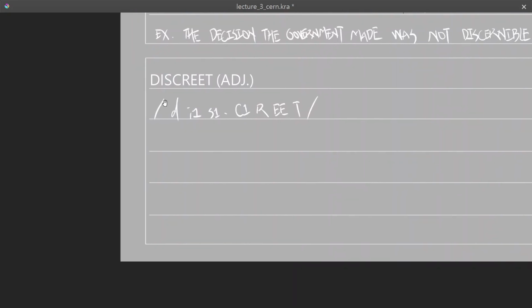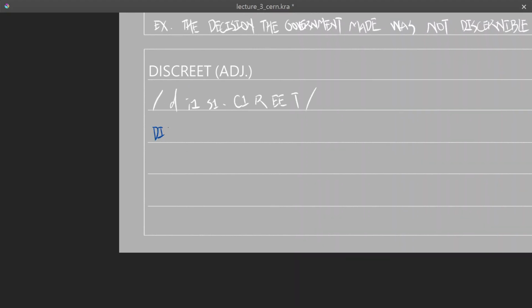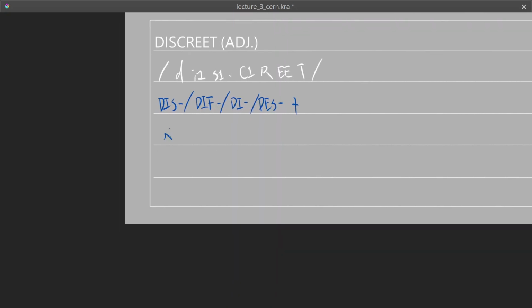And we have the prefix dis, meaning not or apart.